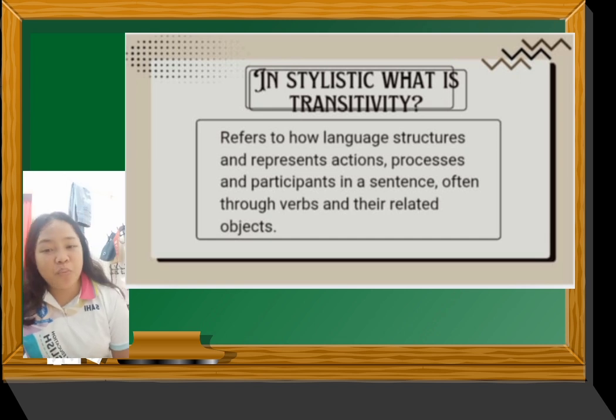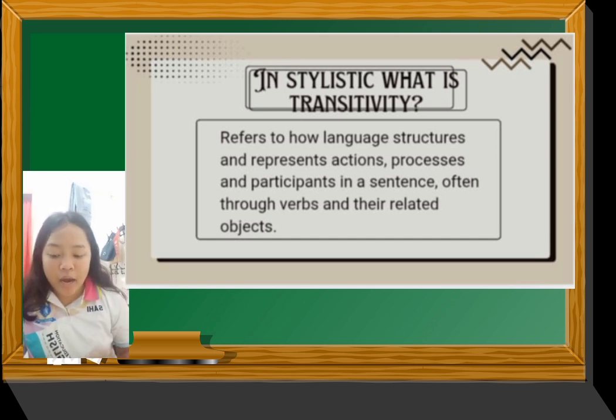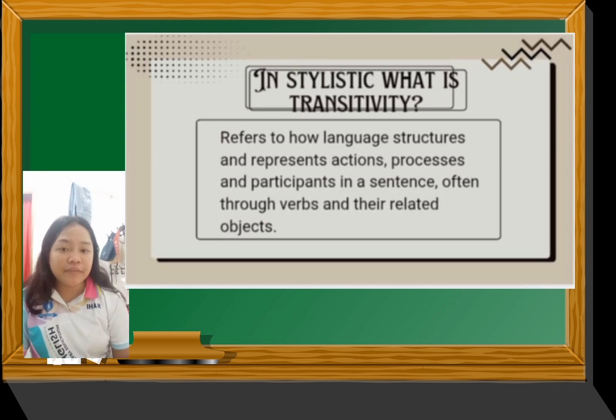By analyzing transitivity, stylisticians can interpret how language choices convey meaning and create effects. Transitivity is not just about grammar, it's about how language shapes our understanding of the world and our experiences. It also helps us understand how language can construct and reflect our perceptions, thoughts, and emotions.